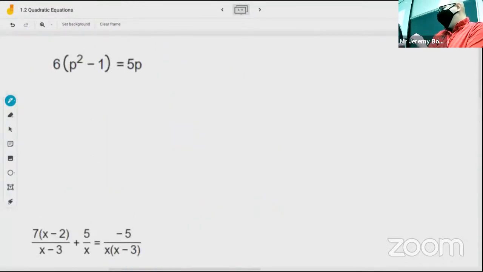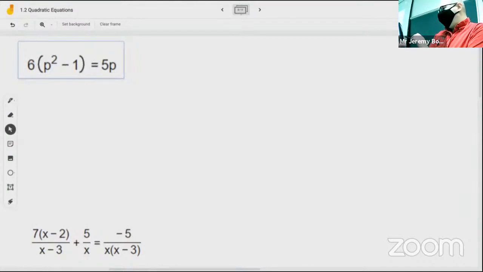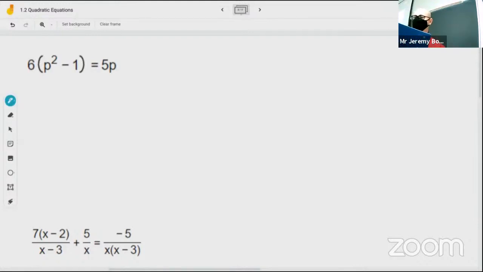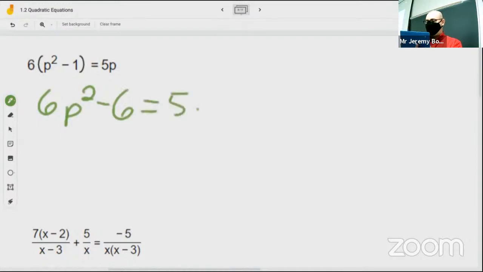We got the 6 times p squared minus 1. Well, there's a few ways to do this. Yeah, so what we're going to do is distribute the 6. It's going to be 6 times p squared, which should be 6p squared minus 6 equal to 5p.